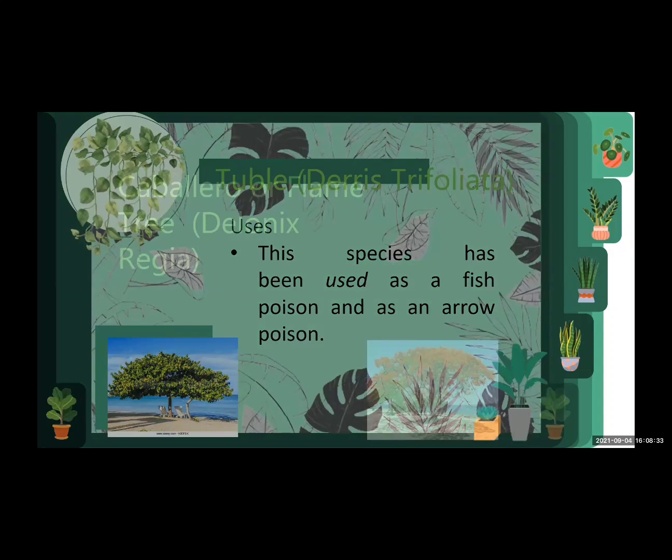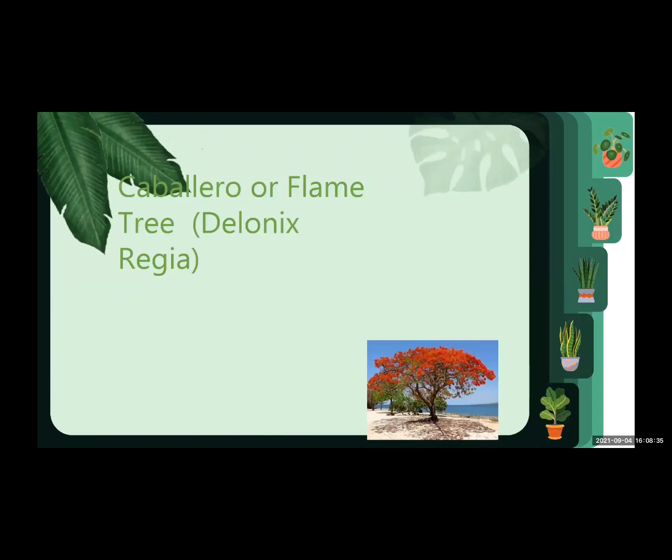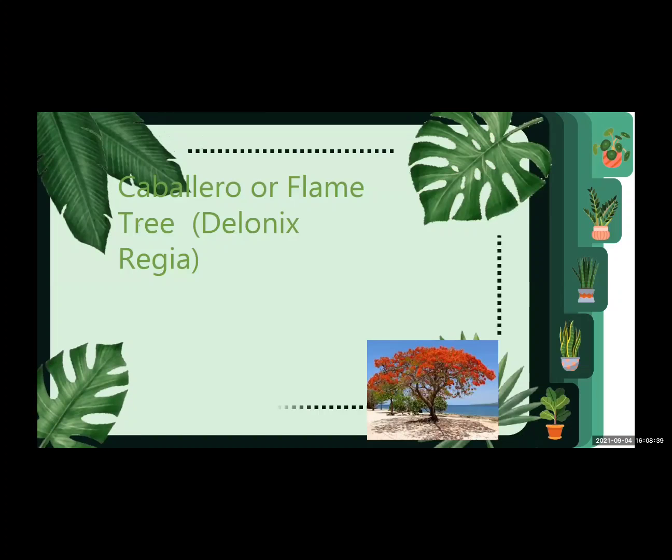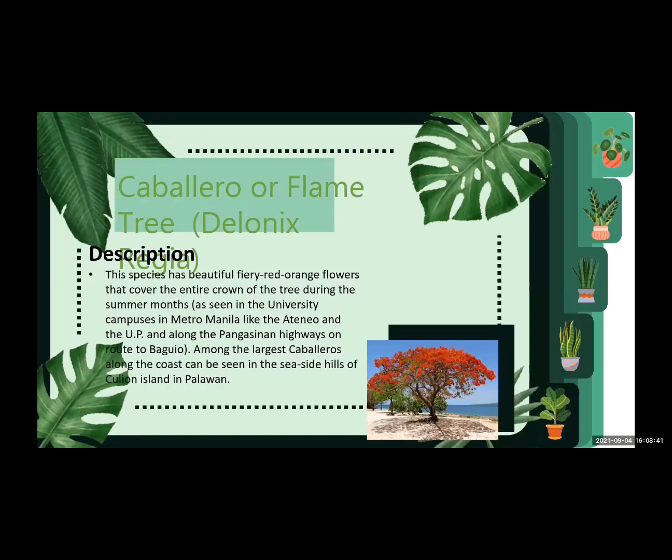Next is Caballero or flame tree, and its scientific name is Delonix regia. Description: this species has beautiful fiery red-orange flowers that cover the entire summer months, as seen in university campuses in Metro Manila like the Ateneo and the UP, and along the Pangasinan highways on the route to Baguio.